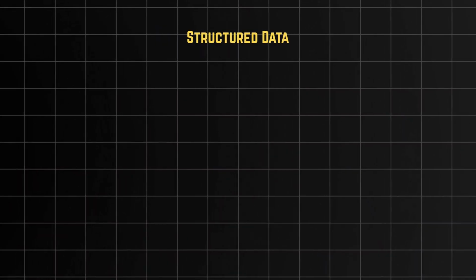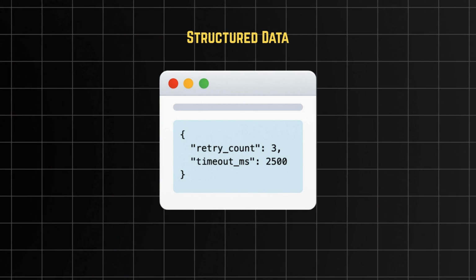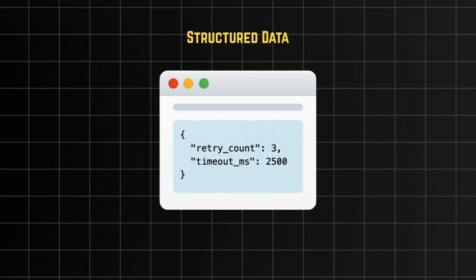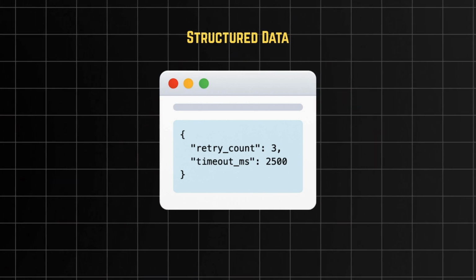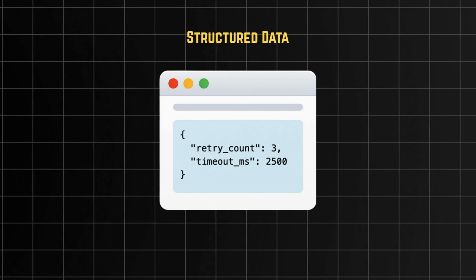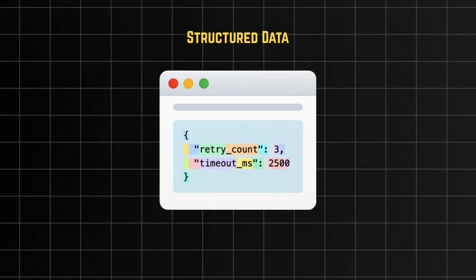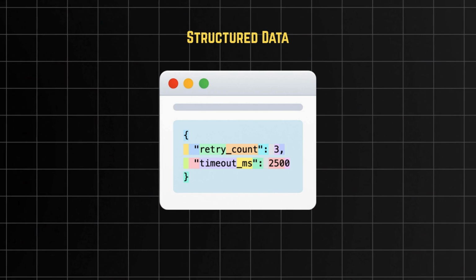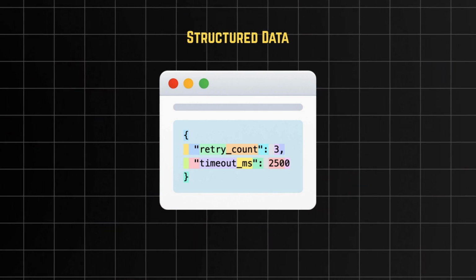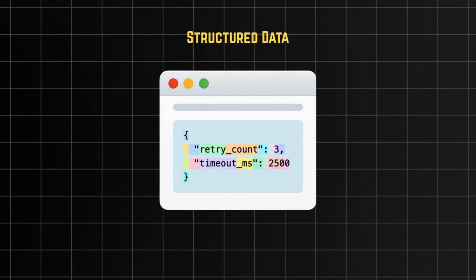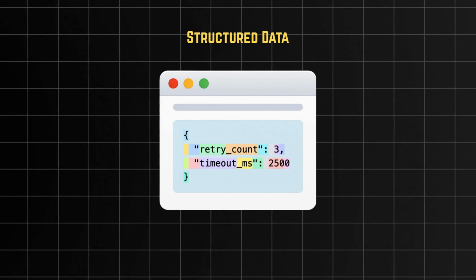Second example is structured data. Here is a tiny JSON payload. It just has two keys. Count the number of words. It's 4 or 5. But when you count the tokens, every bracket, quote, underscore, and number gets counted. So structured data is significantly more token dense than the word count.